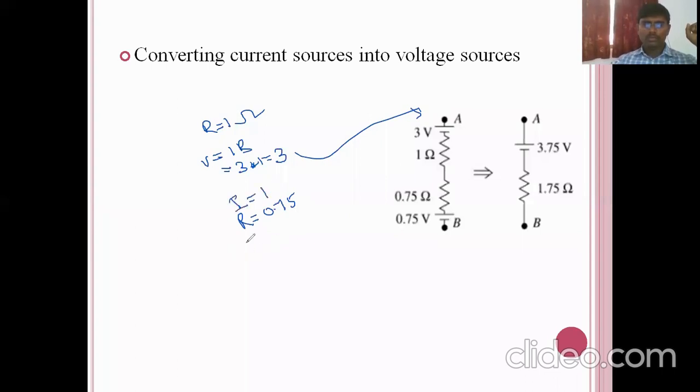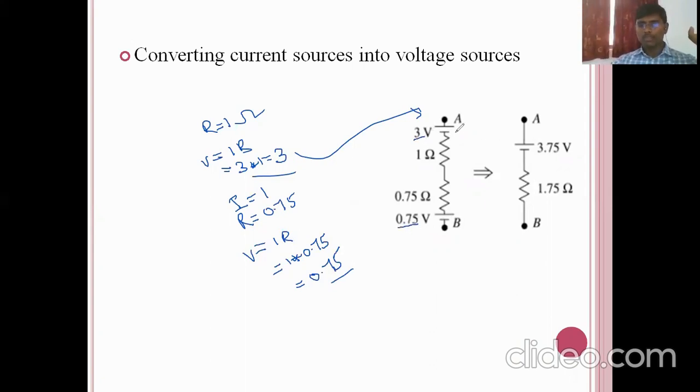So V is equal to I into R, which is 1 into 0.75, giving 0.75. So here V is equal to 3, and here V is equal to 0.75.